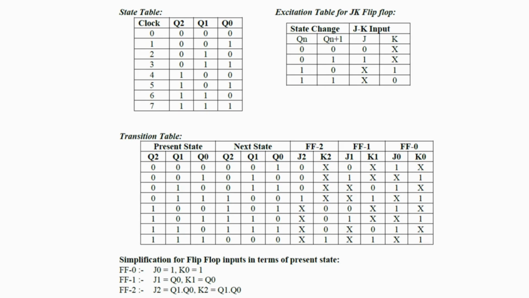With the help of the excitation table, the transition table needs to be prepared for a 3-bit synchronous up counter, and from this truth table, K-maps are used to simplify the equations. From that we have got the equations: J0 as 1, K0 as 1, J1 as Q0, K1 as Q0, J2 as Q1 ANDed with Q0, K2 as Q1 ANDed with Q0.